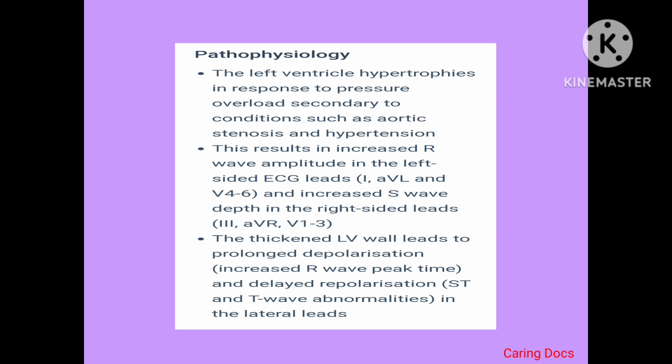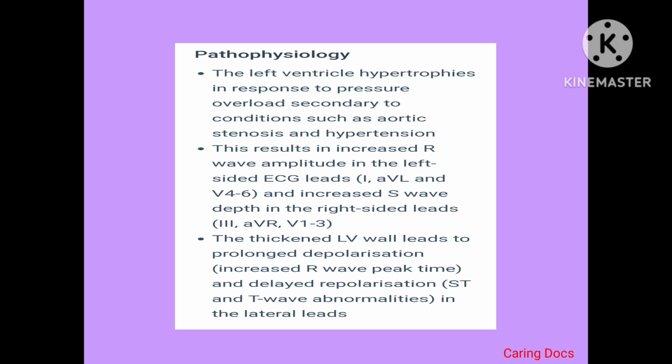If we see the pathophysiology of left ventricular hypertrophy, the left ventricle hypertrophy is in response to pressure overload, which is secondary to conditions such as aortic stenosis and hypertension, and this results in increased R wave amplitude in the left-sided ECG leads like lead 1, AVL, V4, V5, V6, and there is increased S wave depth in the right-sided leads, that is lead 3, AVR, and precordial leads like V1, V2 and V3.